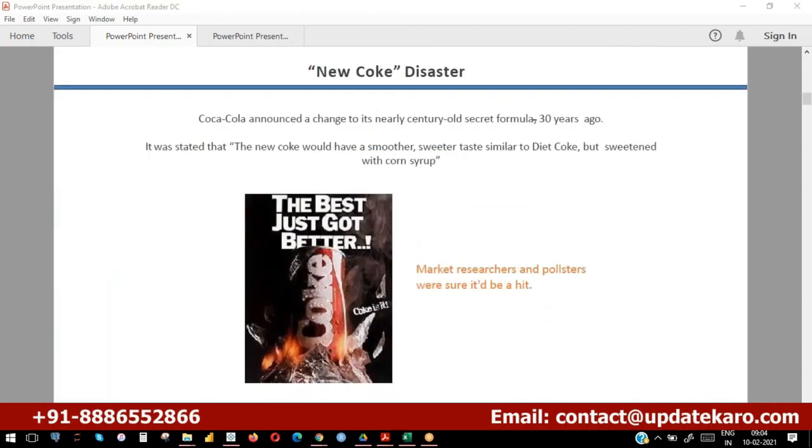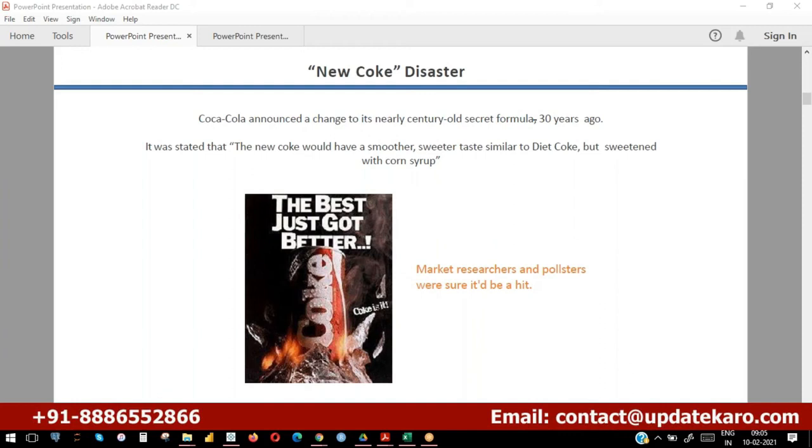So we'll do a case study. We'll just see an example over here. New Coke disaster. What happened with the Coca-Cola company? A wrong decision made the company lose huge resources.